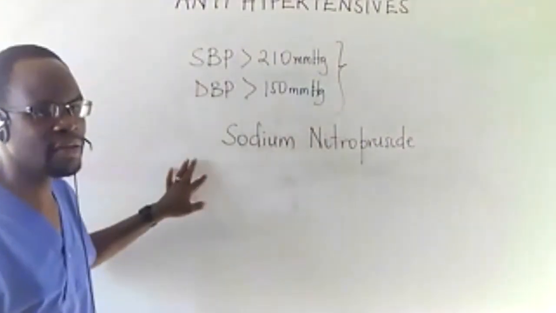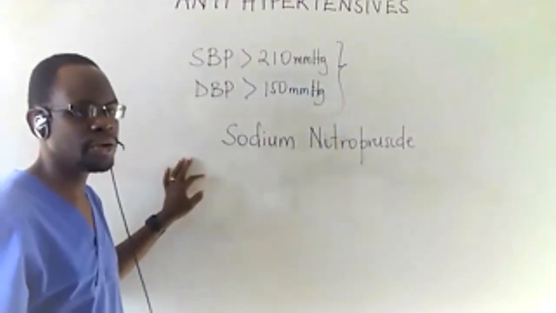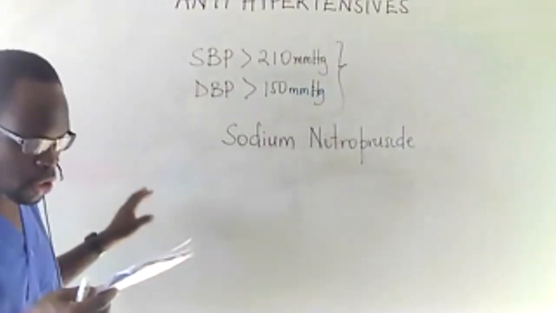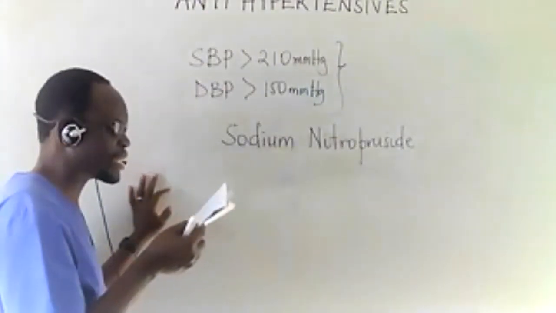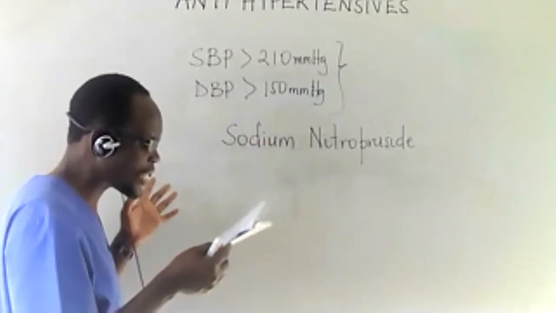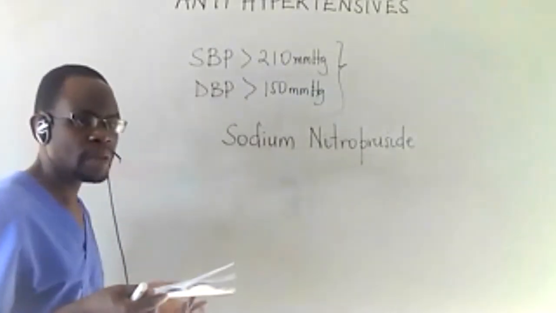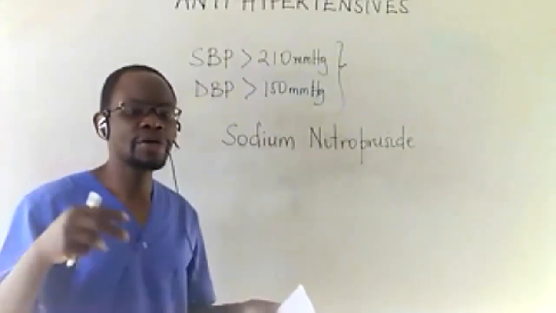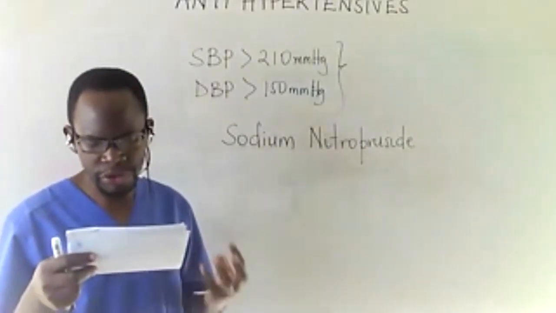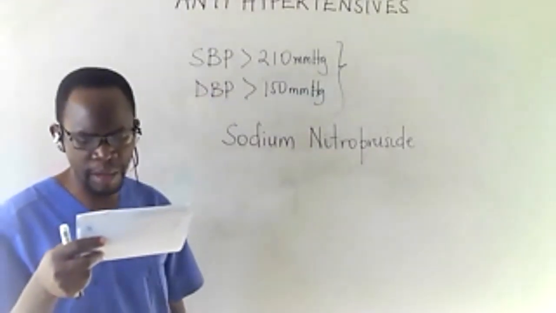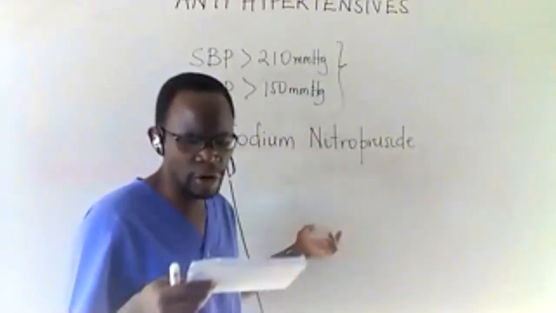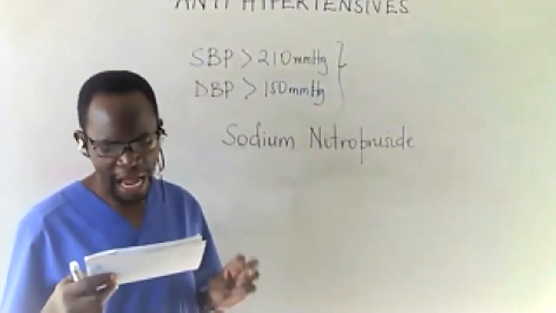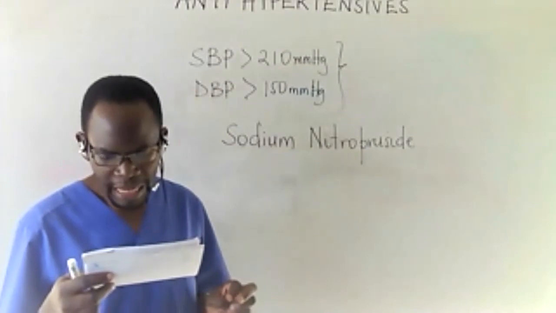It was among the directly acting vasodilators. Sodium nitroprusside is usually given by a continuous infusion using an infusion pump, and it's a drug of choice because it has a very short half-life.